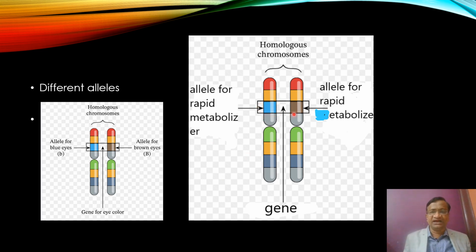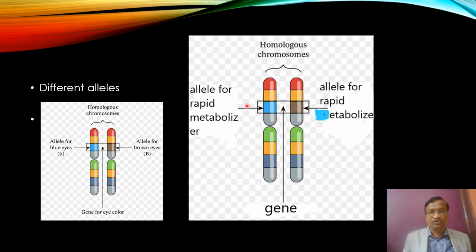This is that allele. Now you see, this is a gene for eye color. This is an allele for blue, this is an allele for brown. This is the genotype. Now, what is the phenotype? Phenotype means what color the person's eyes actually are, brown or blue. It depends upon which is the dominant allele. If blue is dominant, you will have blue color.